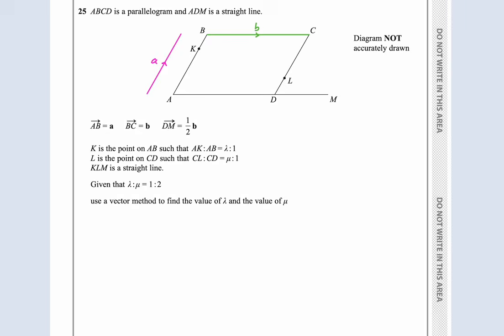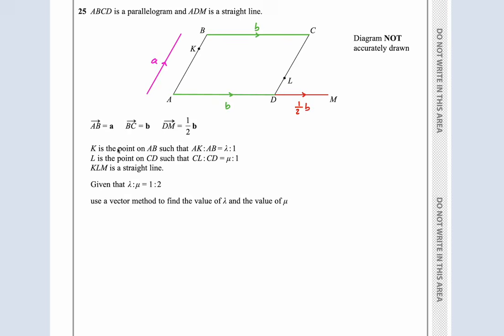Let's use a different color. DM here is a half b. Now, that means obviously this is b as well, because it's a parallelogram. So that's b there, which also means A to M is 1.5b, or 3 over 2 b.